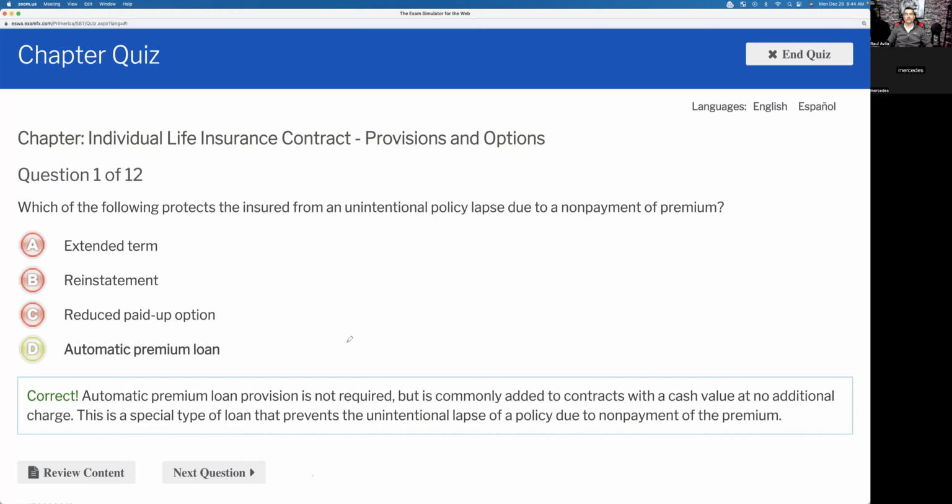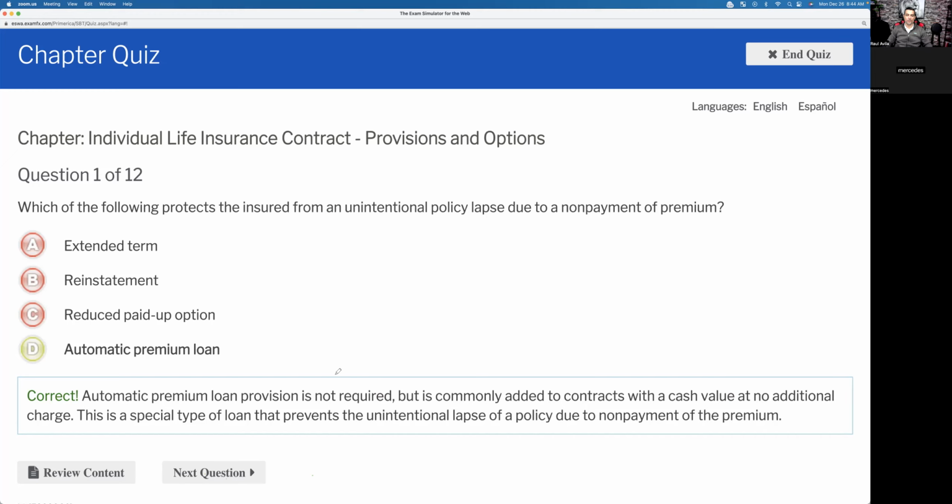What if the client forgets to make a payment or closes the account or gets overdrafted and the payment doesn't go through? Eventually the policy goes into a grace period. The grace period is 2 months, and once the grace period is over, the policy lapses.